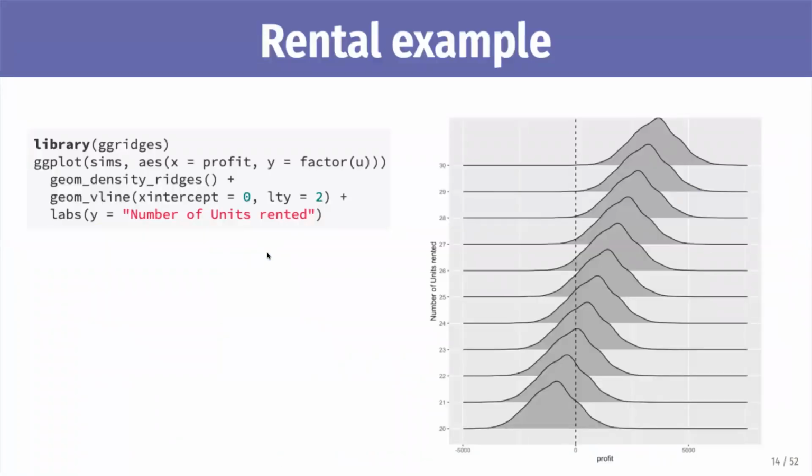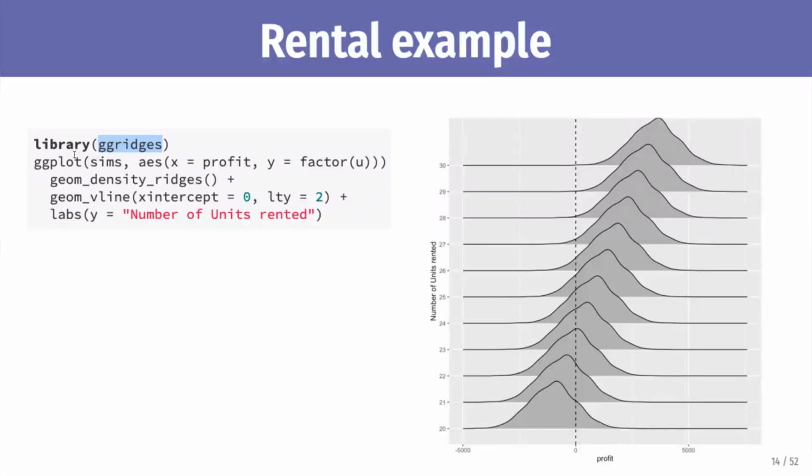Here's another way to visualize this. There's a package in R called ggridges, and I think this is another nice way to look at this. This basically looks at the distribution or the density of each of your simulations across the number of units rented.